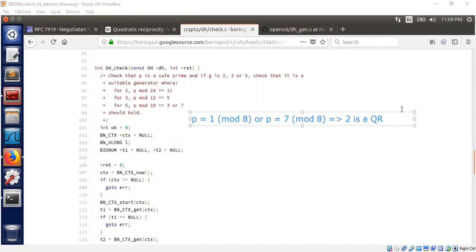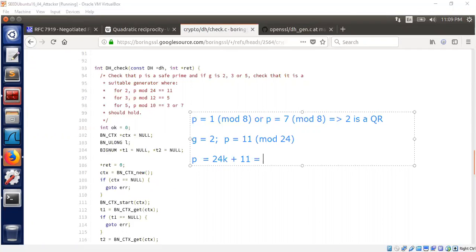So what does it mean for P? Let's take the first part. Let's consider the case where G is equal to 2, and they are saying it is enough to test P equal to 11 mod 24, right? That's what they're saying. So what is P equal to 11 mod 24? How can we rewrite this? We can rewrite this as 24 times some integer k plus 11. That's basically the definition of mod.